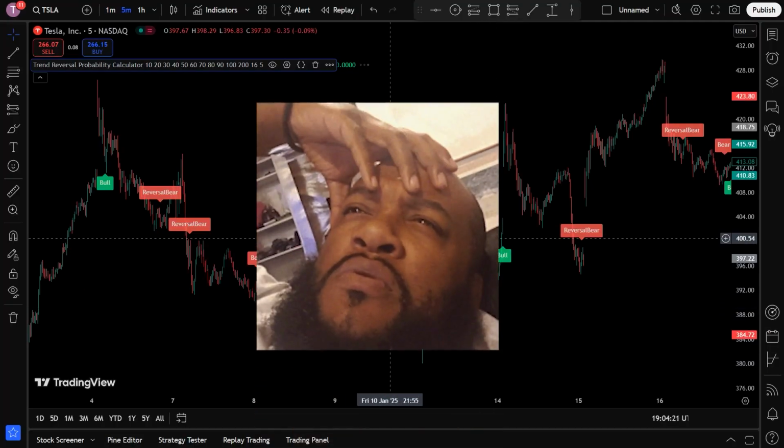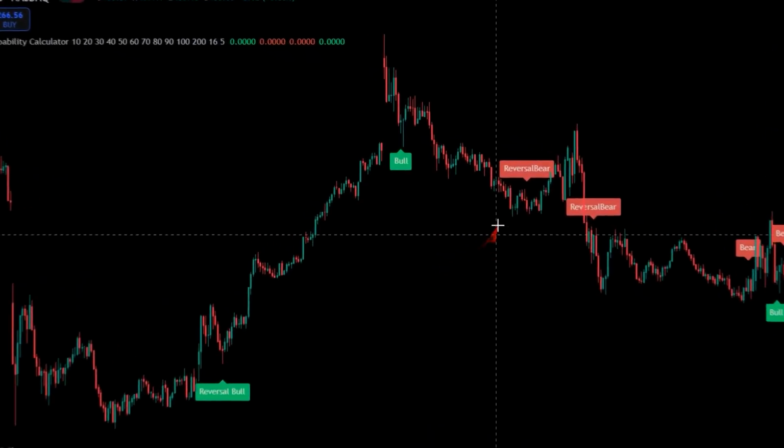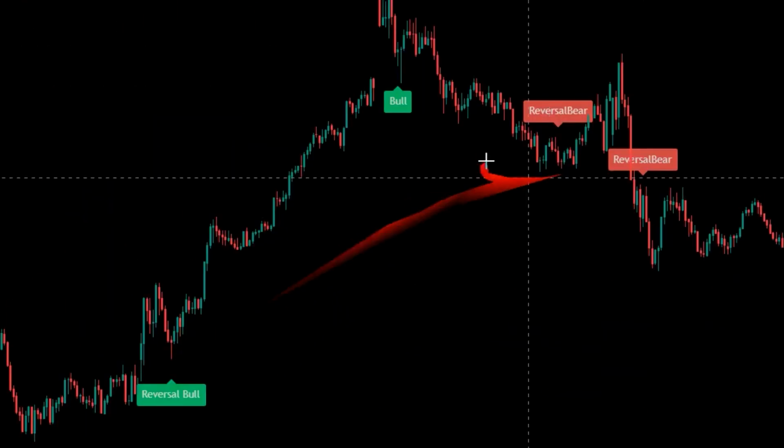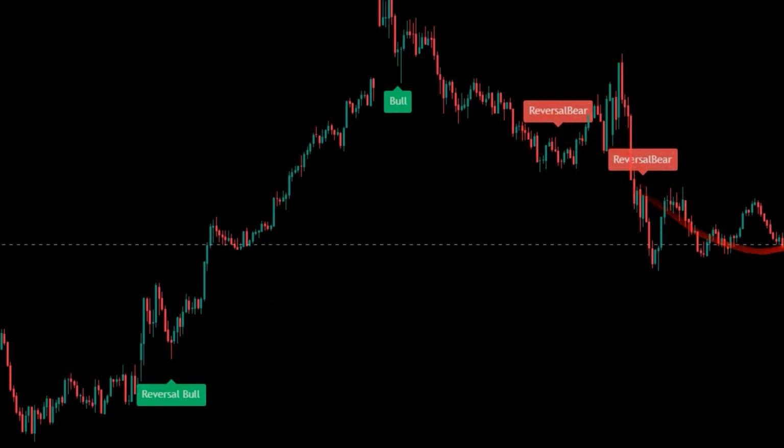Why do we use this indicator? It helps us identify potential trend reversal points, giving us an edge in predicting market direction.